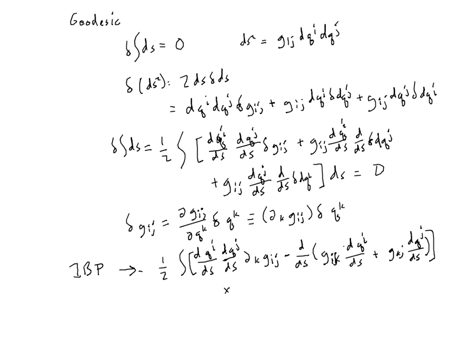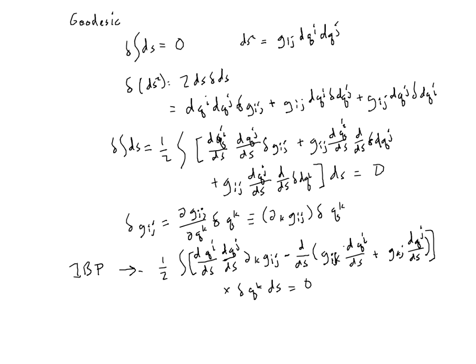Now all of this is multiplied by delta q^k ds, and it should be equal to 0. And so that's after doing integration by parts in order to get these. That's why the derivative of the metric is inside here.